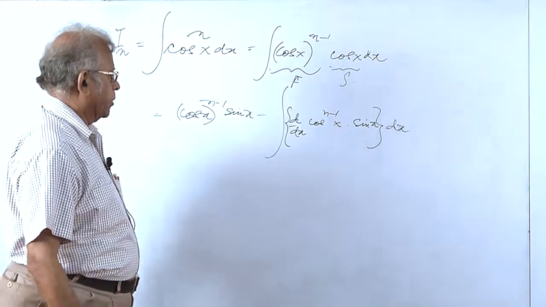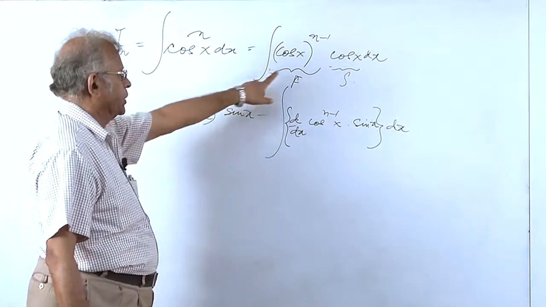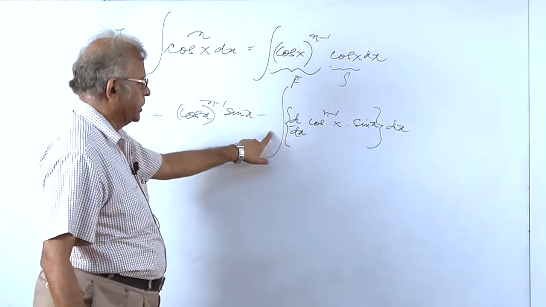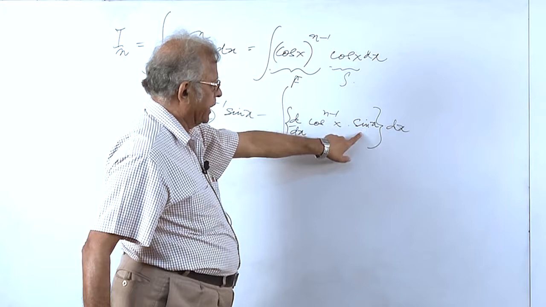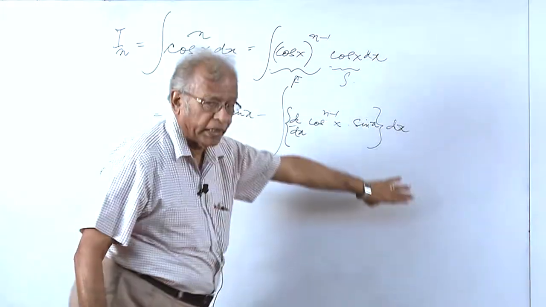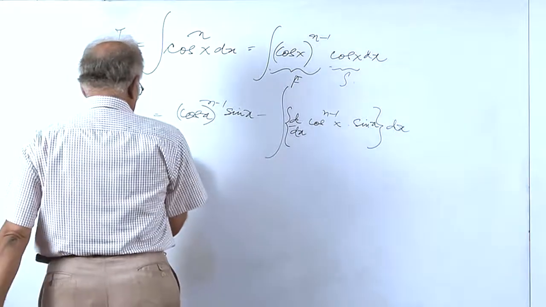This is quite a proper application. First function unchanged, integral of second, minus derivative of first function into integral of second, the whole product being integrated with respect to x.